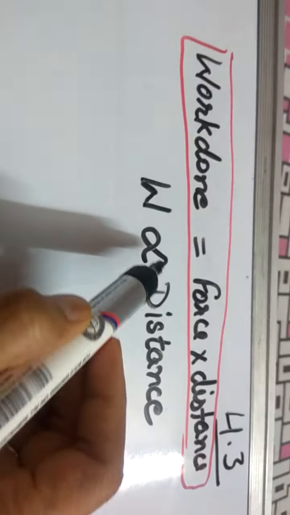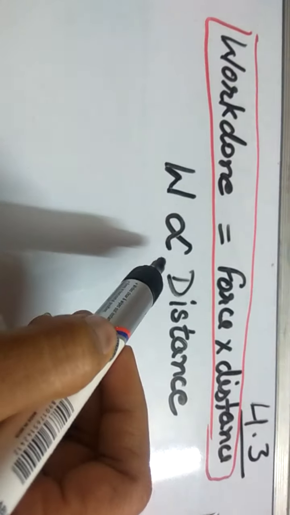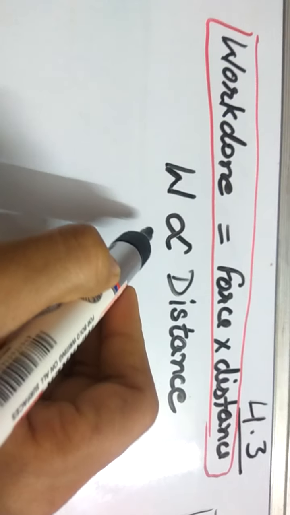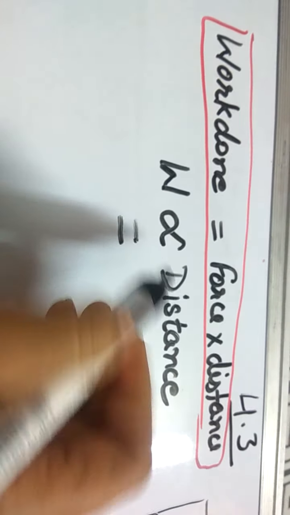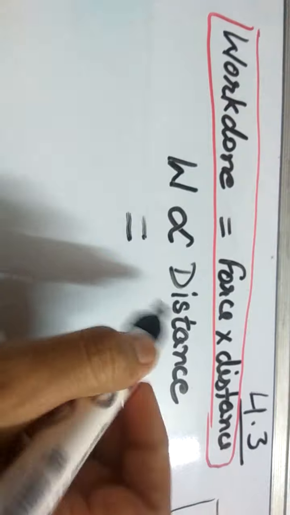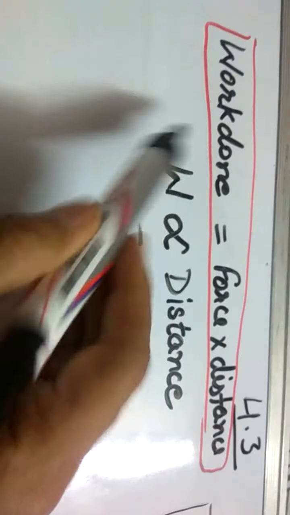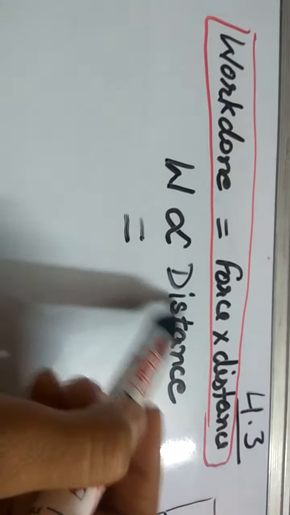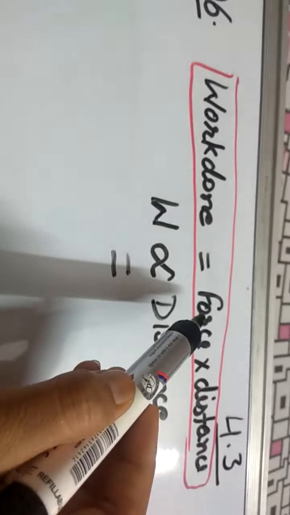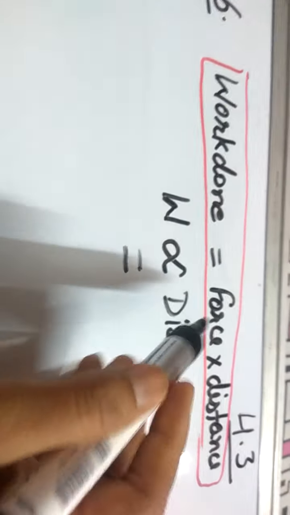And now in science and physics you read that to replace this proportionality sign with the equality sign, we must put some constant. So in this formula, work done and distance both are mentioned to us, but force is not given to us. For the force, they have given that the constant force is 5 units, so we are going to take the constant as 5.